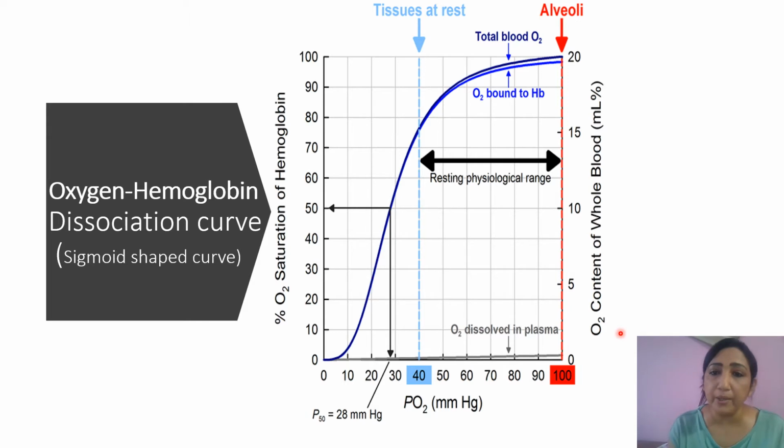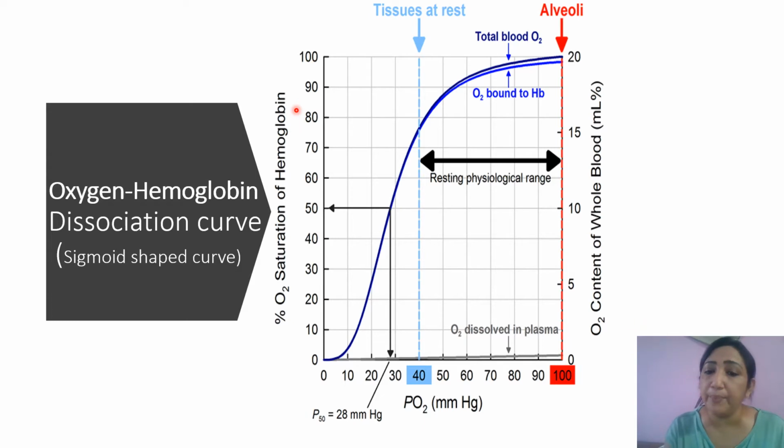Now what is happening? We can see this is not a linear graph, rather it is sigmoid shaped. It would be a linear graph if an increase in the partial pressure of oxygen increased the percentage saturation of the hemoglobin directly, but it is not happening.